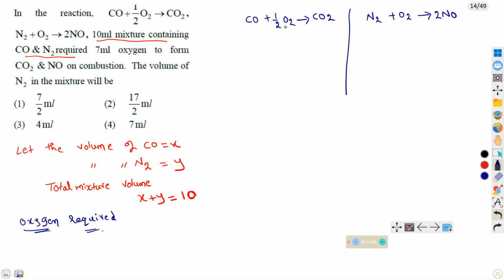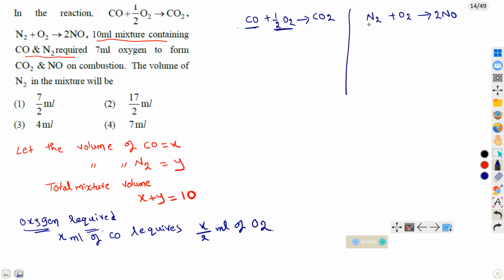From this reaction, 1 ml of CO requires 1 by 2 ml of O2. 1 mole of CO requires 1 by 2 mole of O2. So based on that, X ml of CO requires X by 2 ml of O2.